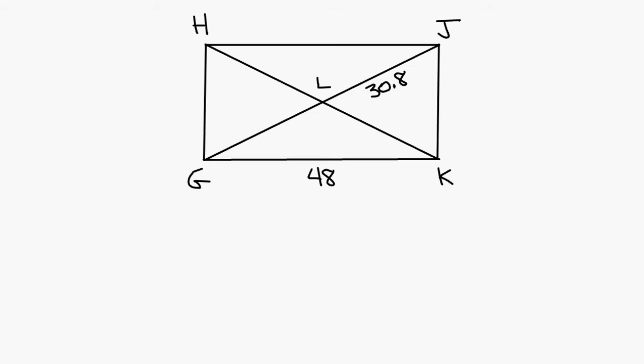And they ask you to find H to J and H to K. So H to J, it's this top piece, isn't it? 48. Yep, so this would be equal to 48.